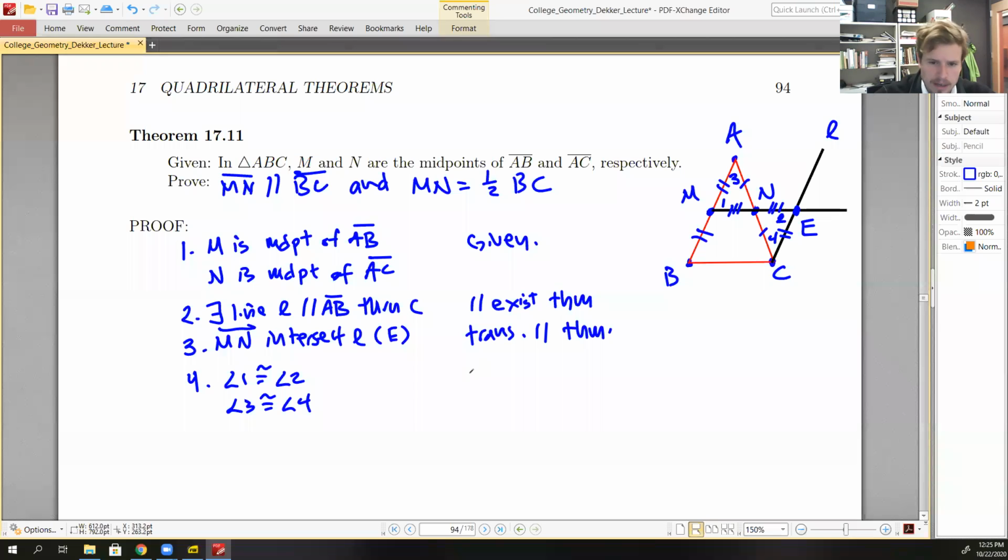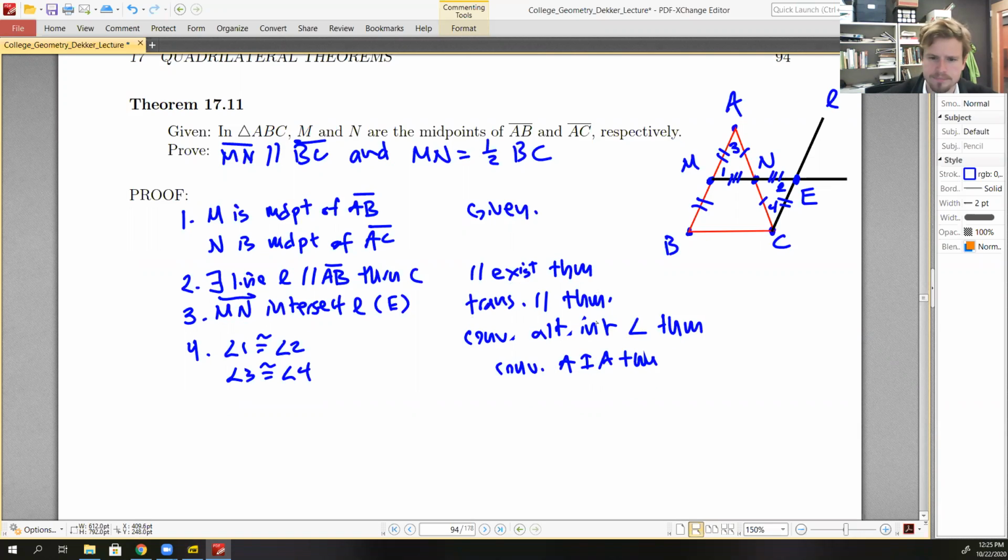And that's given by the converse of the alternating interior angles theorem. We could write that as the converse of the alternating interior angles theorem. I believe that's how we wrote it in the past.